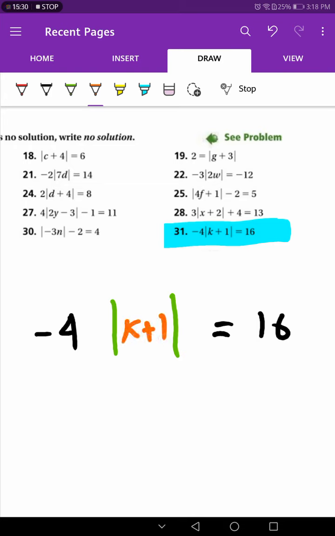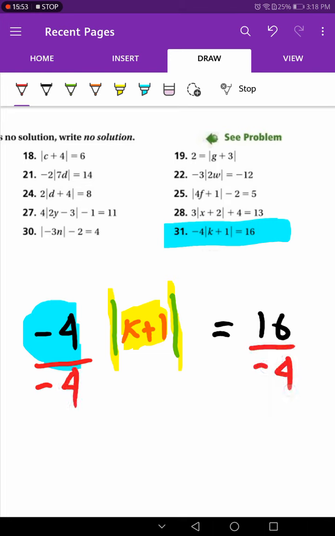As you know, to solve an equation, you have to make this guy alone. But this guy is locked inside the absolute value. And to release the absolute value, you have to eliminate everything around it, which is this guy. So divide by -4 directly without hesitating. This is divided by -4. It is gone.